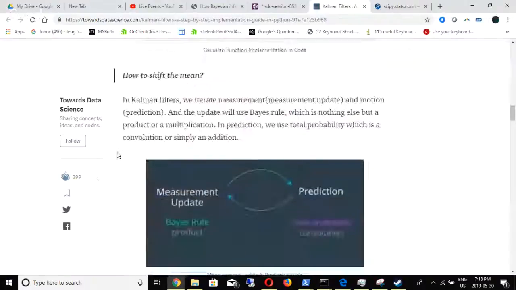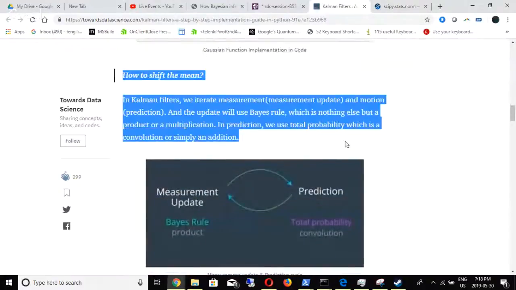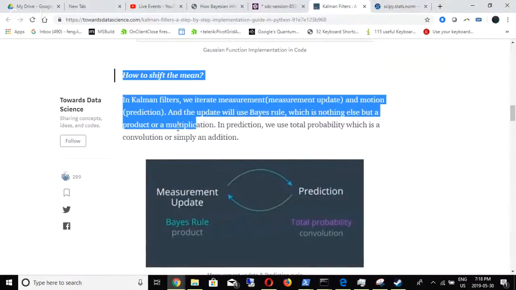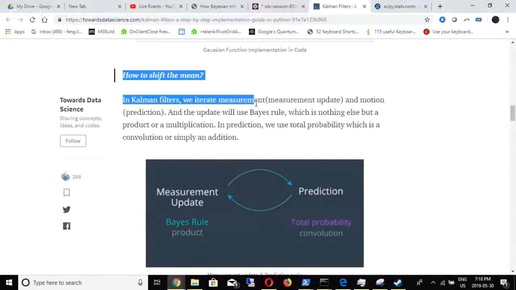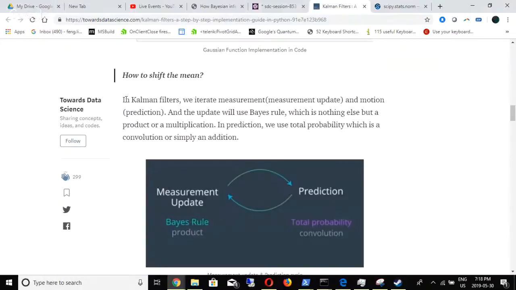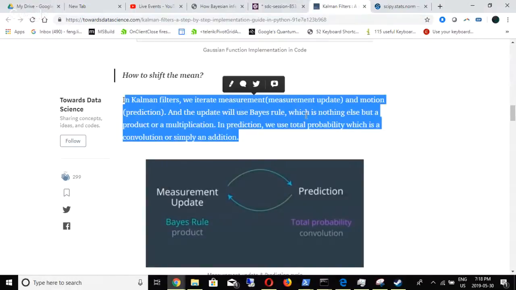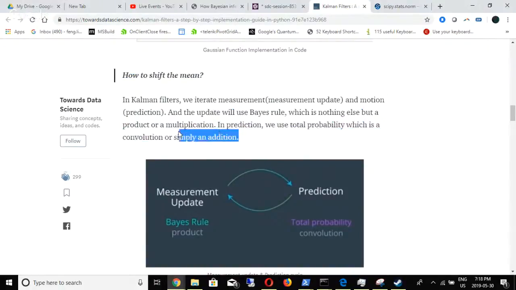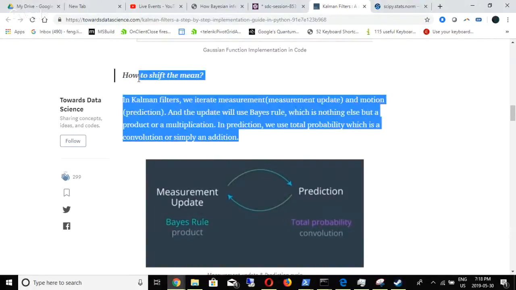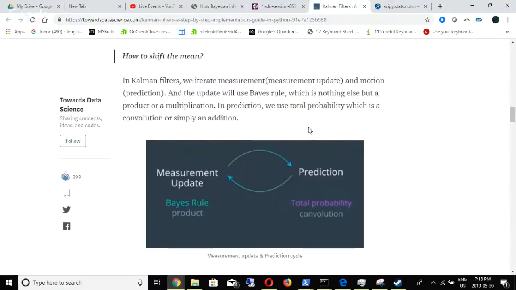Let's move on. Another thing that she brought up is how the mean shifts. How do you shift the mean? The Kalman filter reads measurements and uses Bayes' rule, which is nothing else but a product. Prediction uses total probability, which is kind of simple addition.